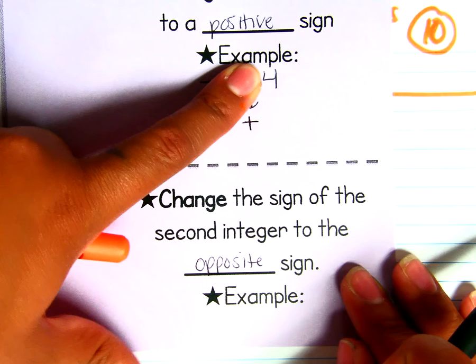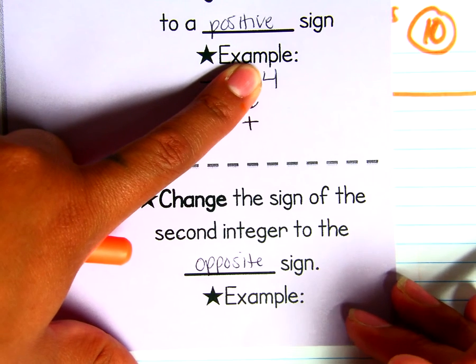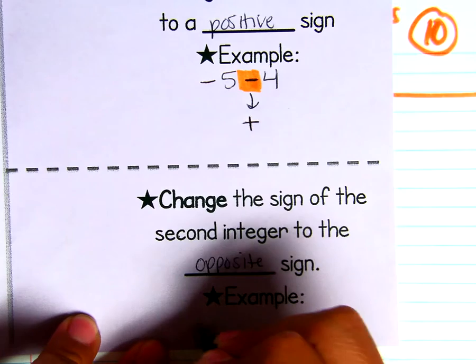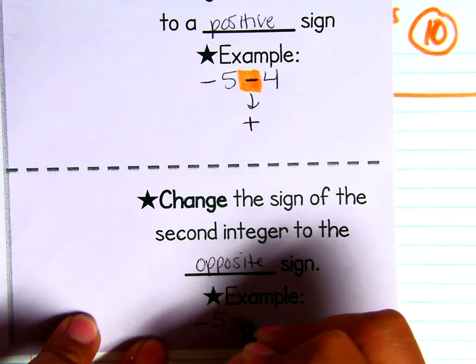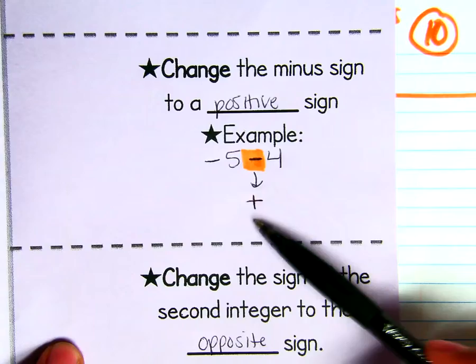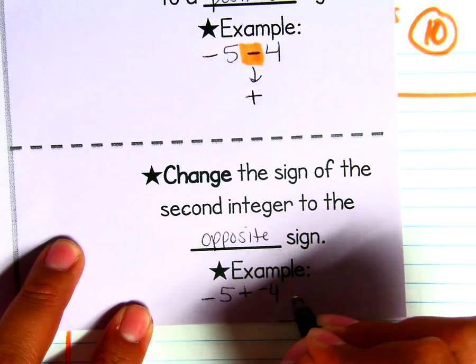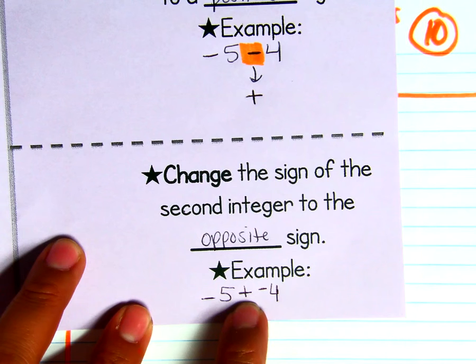It would technically be positive, so the opposite of a positive 4 is negative 4. So this becomes -5 plus -4. Do you see how now this is an addition problem?